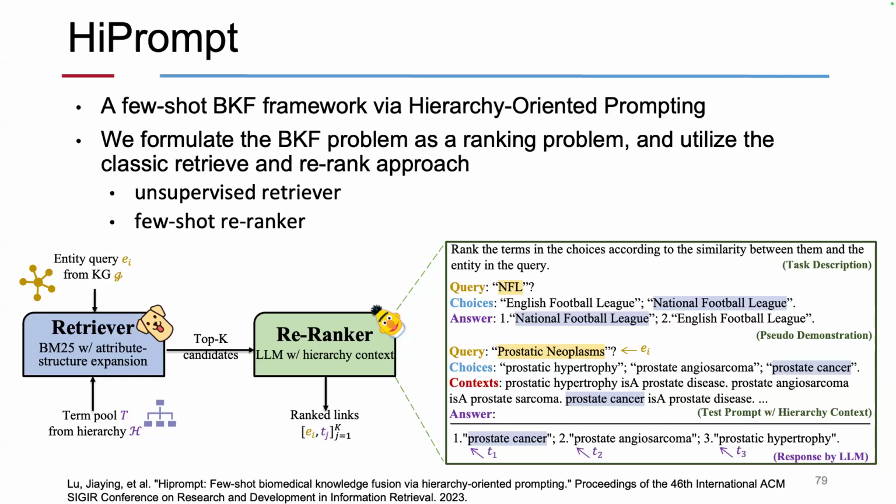Then in the language model re-ranking part, what we found to be pretty important is that when we formulate the potential target entities in natural language, we also tell the language model how these target entities are organized in the existing ontology. Say you have a query like NFL, and you want to align it to a set of potential football leagues.